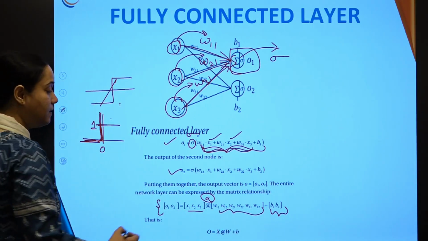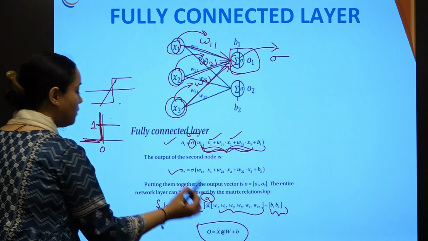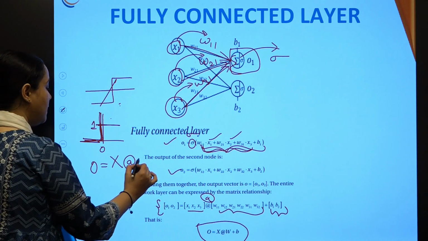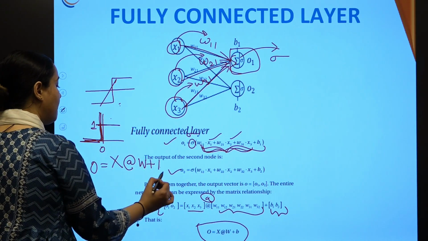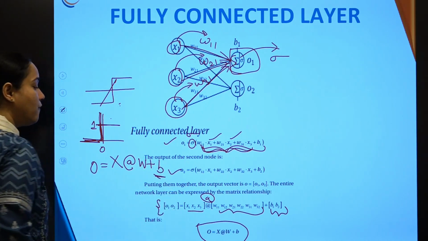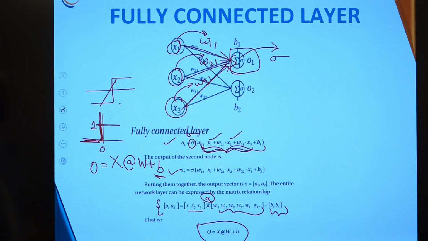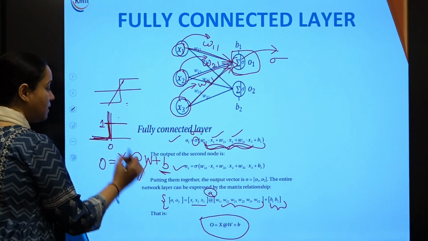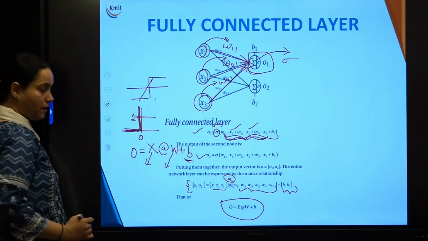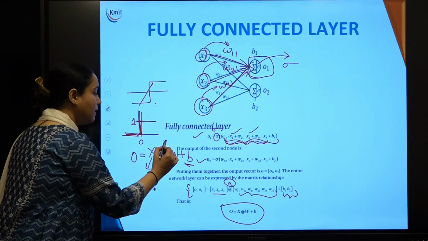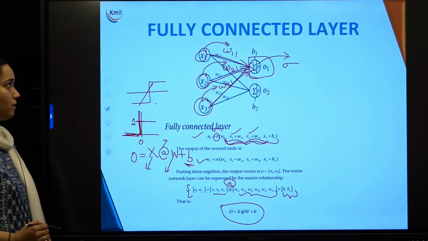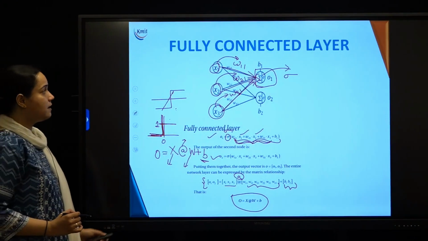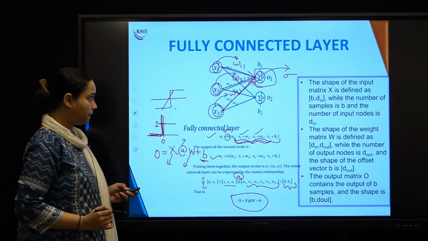If I want to represent it in matrix form, I am going to write it as O is equal to, you can see I am using all capital letters, X @ W plus B. B is still a vector, not a matrix. Okay. So X is a matrix, W is a matrix, and B is a vector here, and @ represents matrix multiplication. So this is the mathematical representation of a fully connected layer.